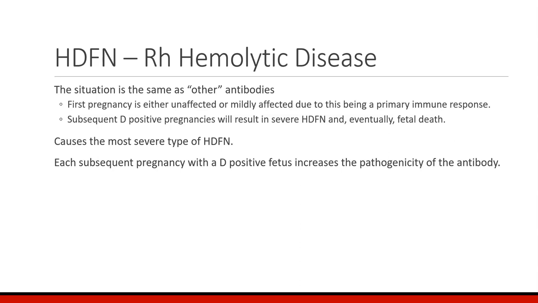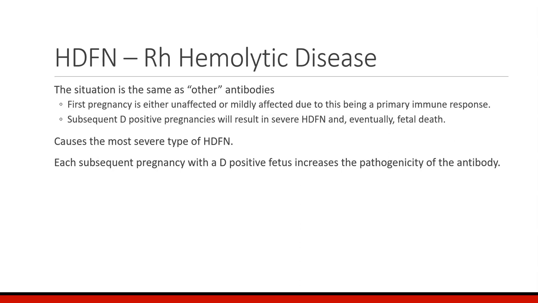And a colleague of mine who practiced prior to Rh immune globulin, she said this woman came in every year wanting to have a baby. And I can't recall if the first baby lived or not. I believe it did. But after that, her antibody increased in pathogenicity to where every year she came in and she gave birth to a stillborn.